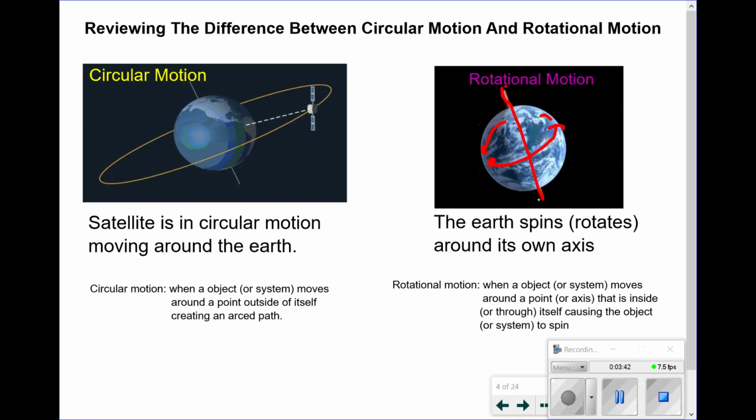So there is a connection between the rotational motion of a solid object and circular motion of any point on that object that is rotating.